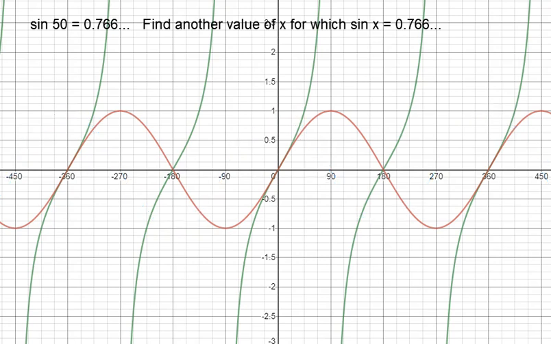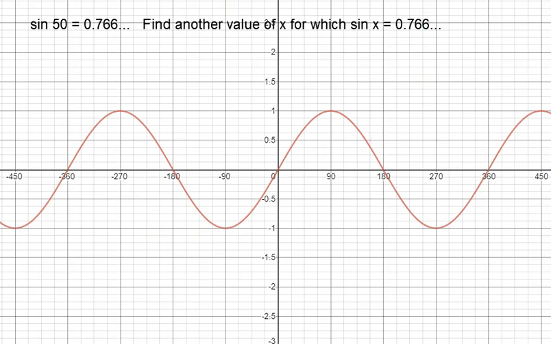If I just leave sine up, then I can show that by saying, okay, if sine of 50 is 0.766, well, let's draw on where 0.766 is, and it's this value going across.